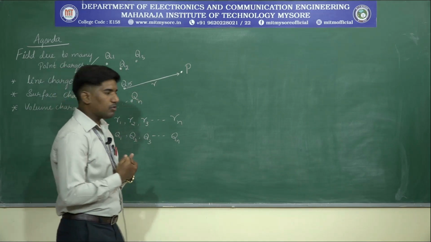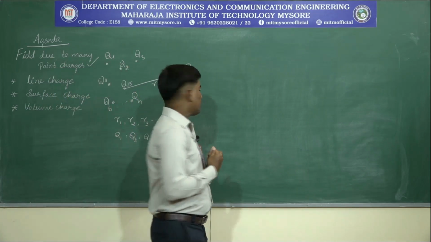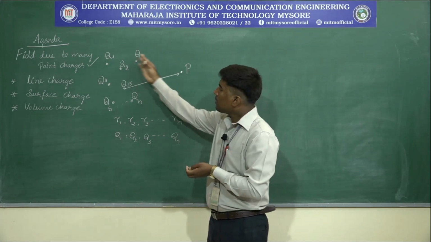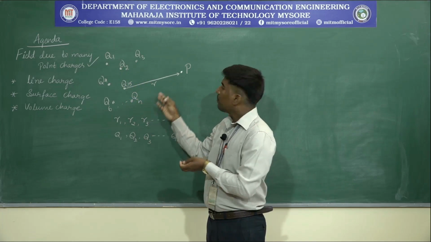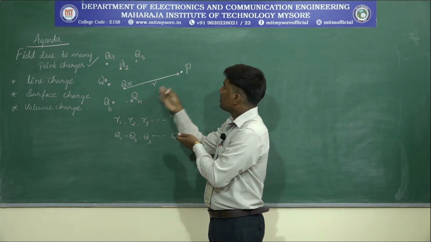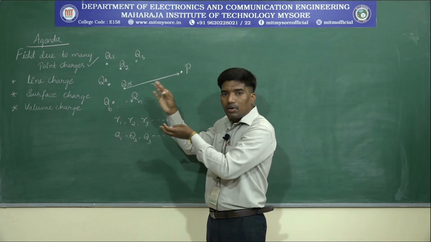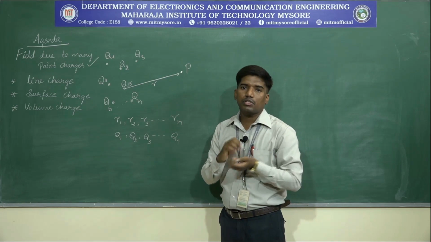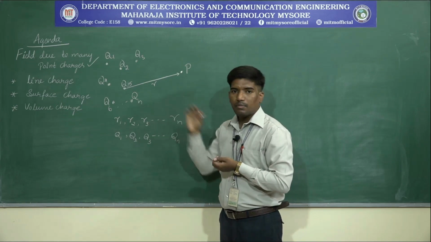What do we mean by the superposition principle? It says that whenever multiple sources are available, the overall outcome from those multiple sources is equal to the algebraic sum of all the individual responses. That is called the superposition principle.